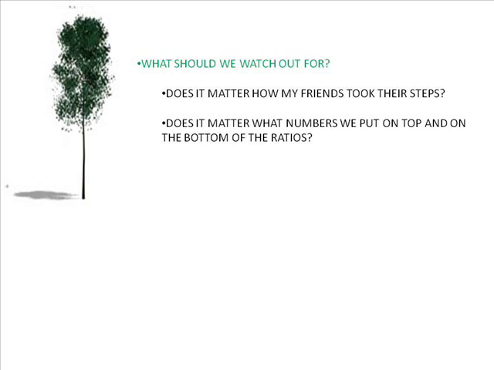So what I mean by that is when my friends showed us how to solve those proportions for indirect measurement, you'll notice that they put the measurements for the tree at the top and the measurements for the person at the bottom. So the tree measurements were the numerators, the person measurements were the denominators, and that's very important.